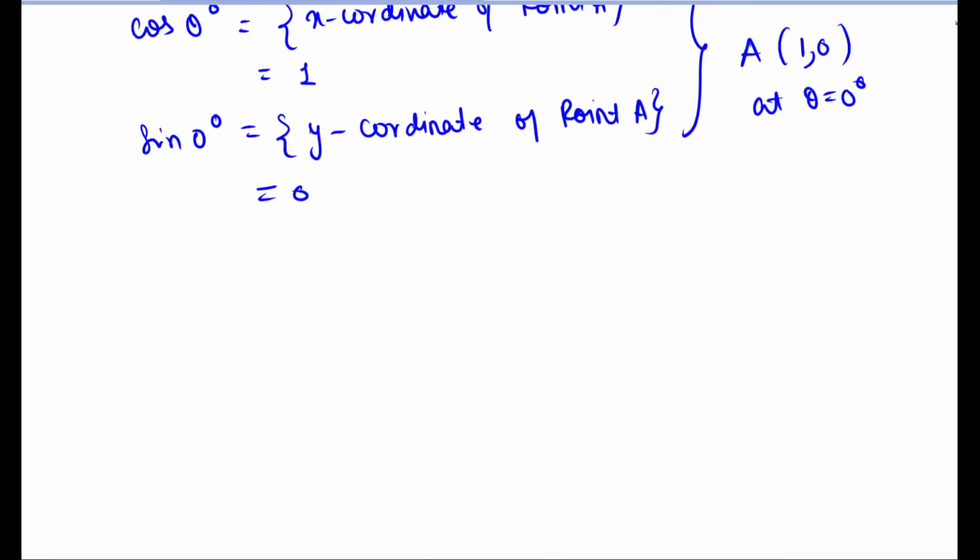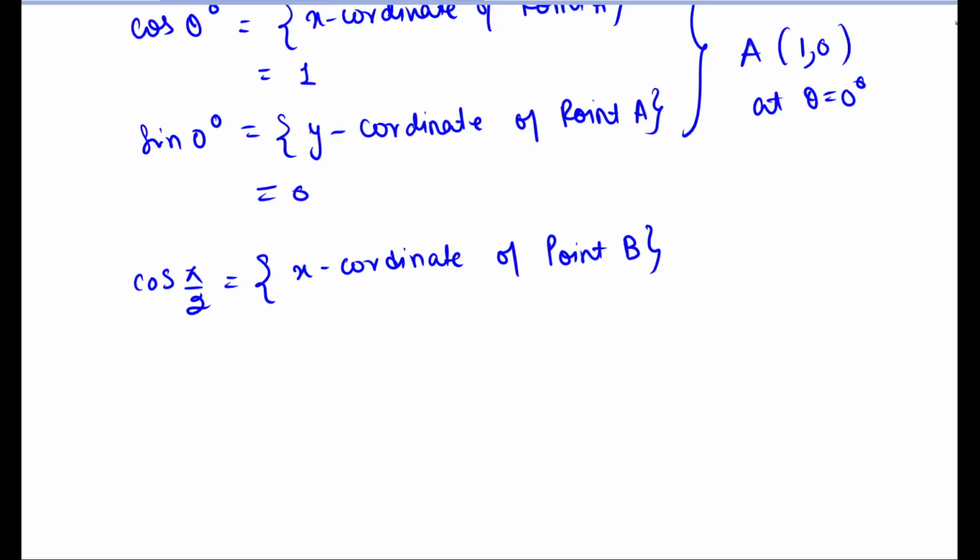Now we have the second quadrant angle pi by 2. Cos pi by 2 is equal to the x coordinate of point B, which is equal to 0.